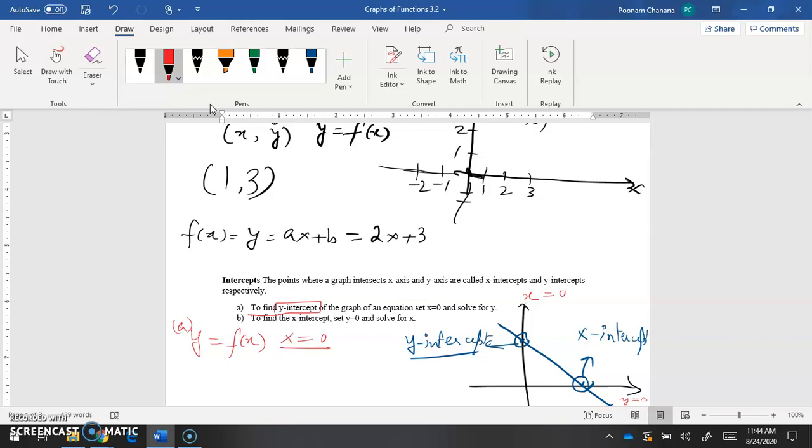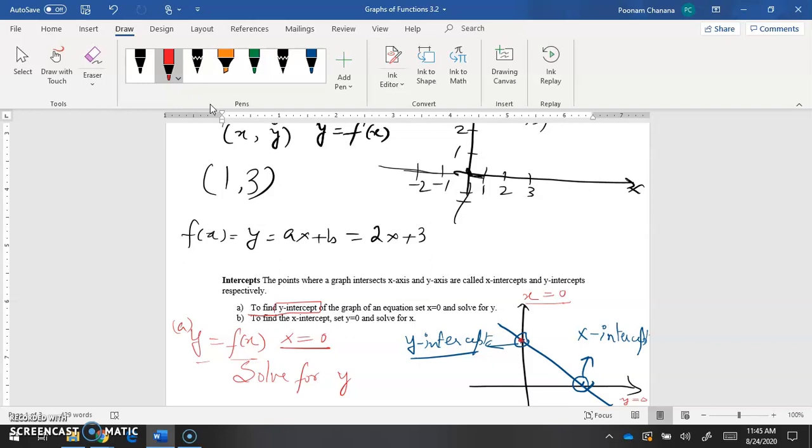Because equation of y-axis is x equal to 0. All the points on y-axis, they have x coordinate to be 0. So in the given function, you plug x equal to 0 and you solve for y. That will give you the y-intercept point for the given function. That means where the graph of the given function meets y-axis.